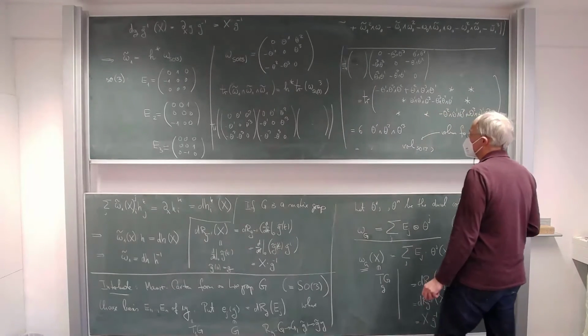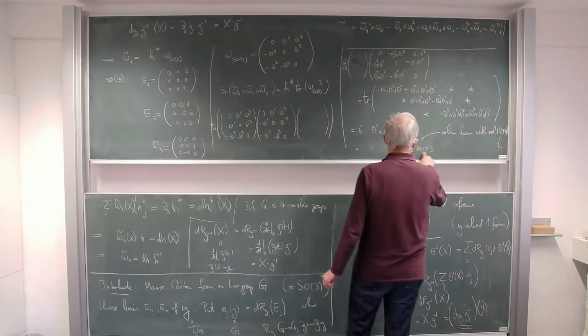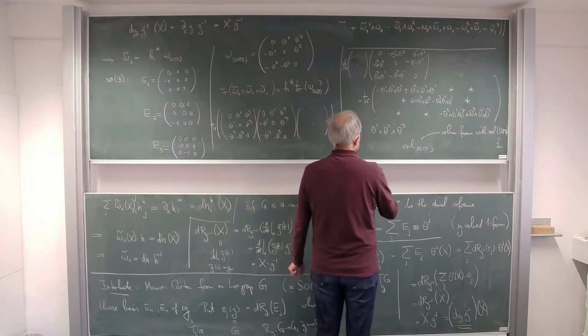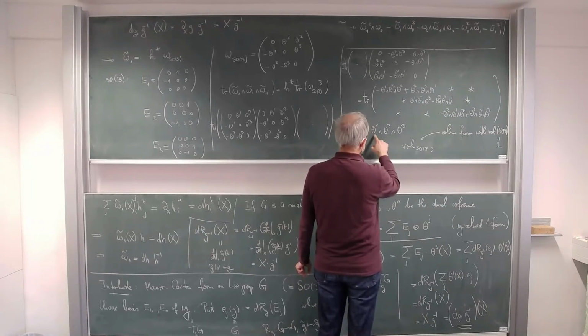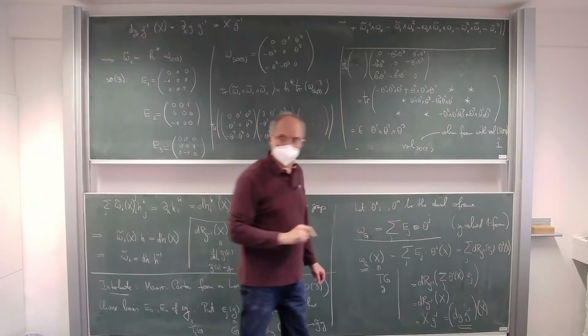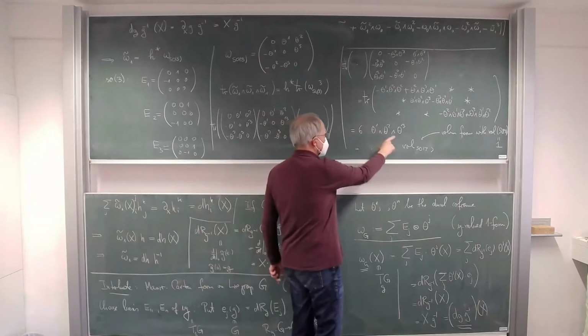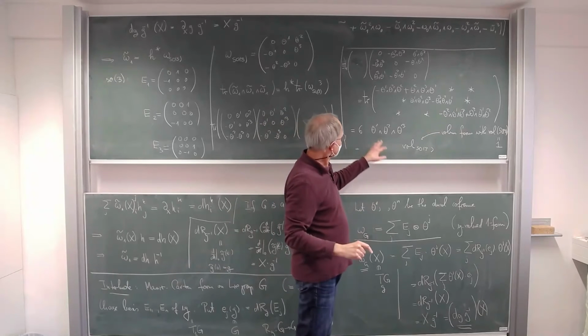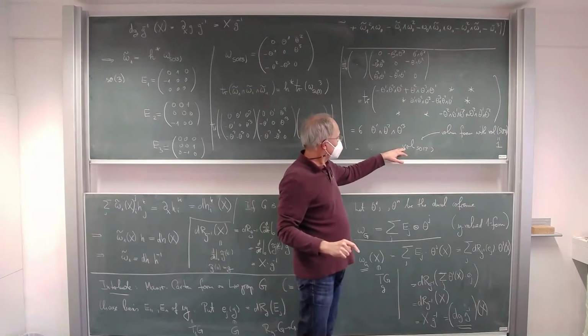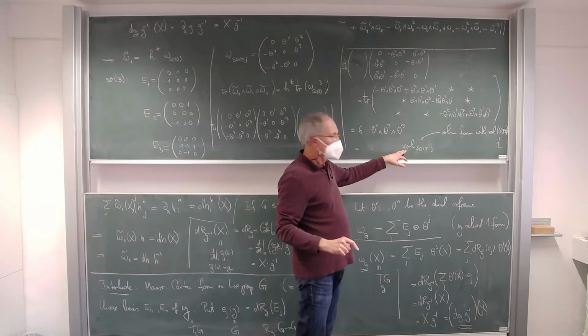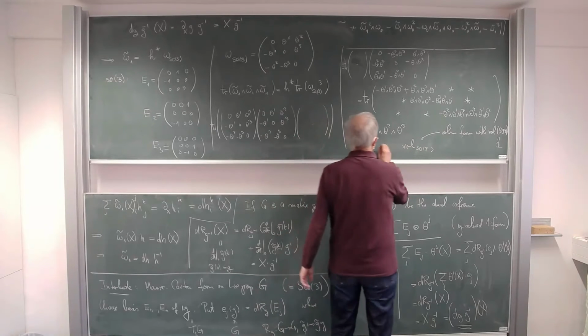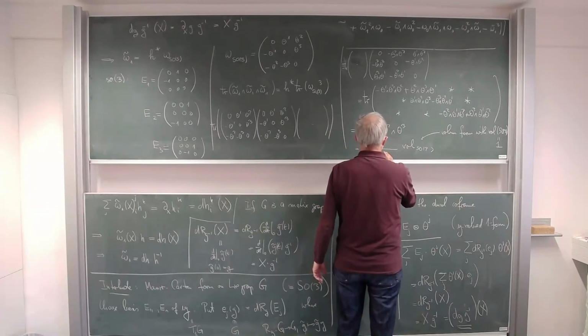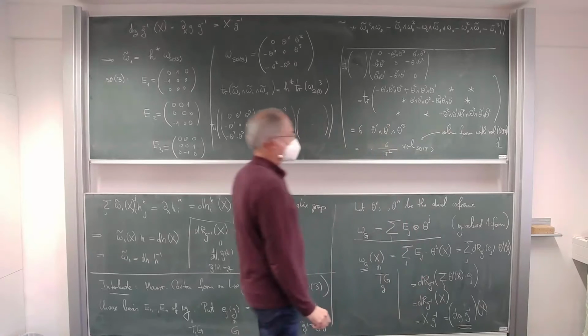So in order to get this volume form, I need to, so this has length 1, since it's orthonormal. So if I integrate this, I get the volume. So in order to get the volume form, I need to divide by the volume, which is pi squared. And this is 6, right?